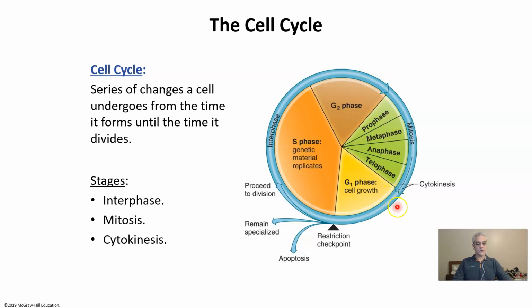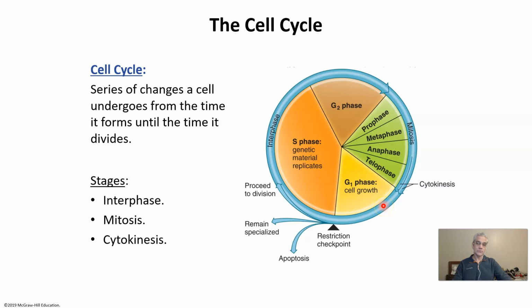Right? So after a cell divides in two, now you have two cells where you had one. We'll just look at one of those cells. That one cell enters into what we call the G1 phase. G1 is the growth phase, right? That's where the cell is doing whatever its job is, wherever it happens to be.